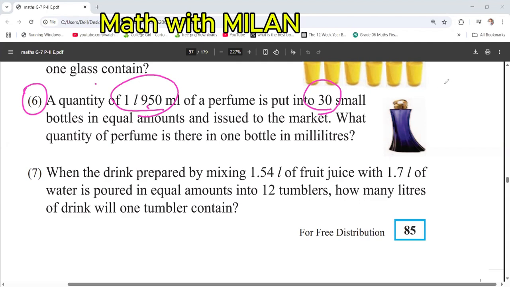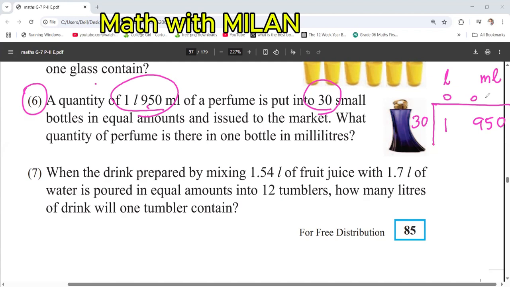So let's do this. You take liters, you take milliliters, and write 1 and 950 divided by 30. Okay. Now let's see. For 1, you don't have any 30s. For 19, you don't have any 30s, right?